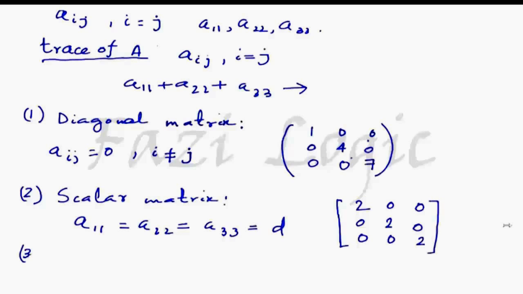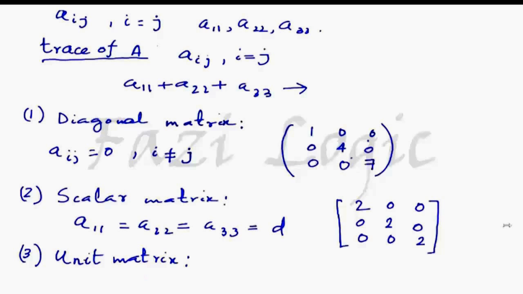Next, what is a unit matrix? A square matrix A, all of whose non-diagonal elements are 0 and all the diagonal elements are unity, is called a unit matrix.